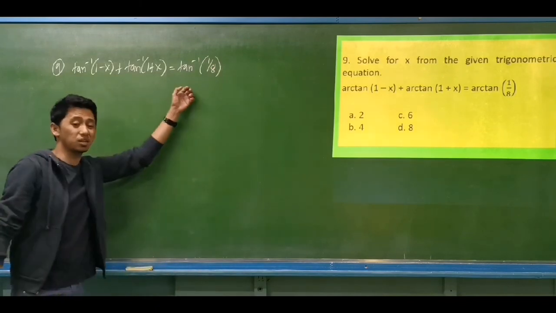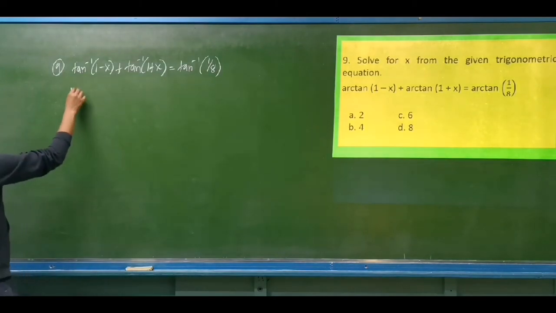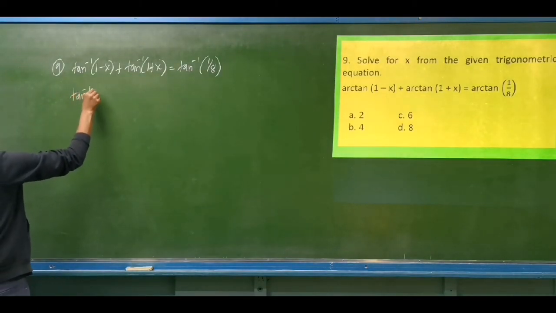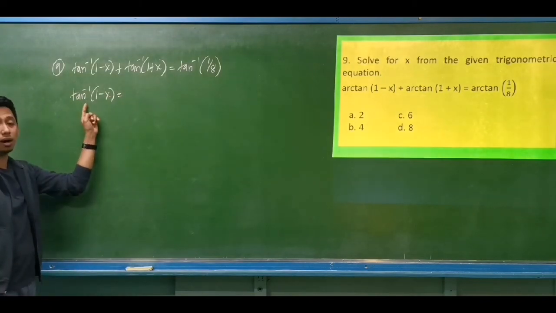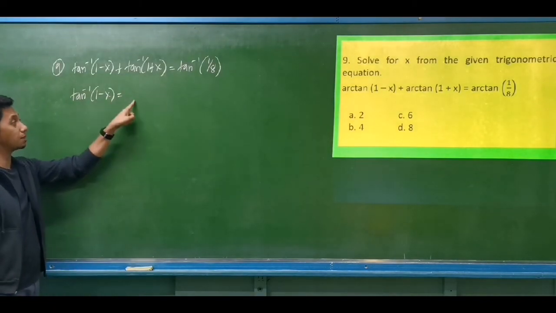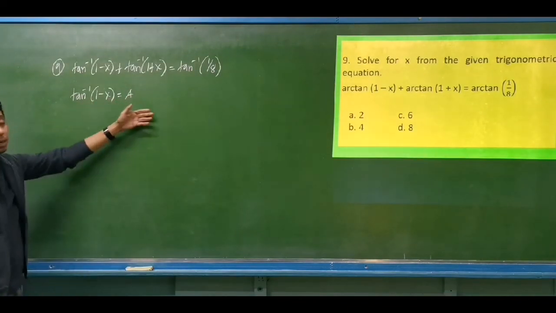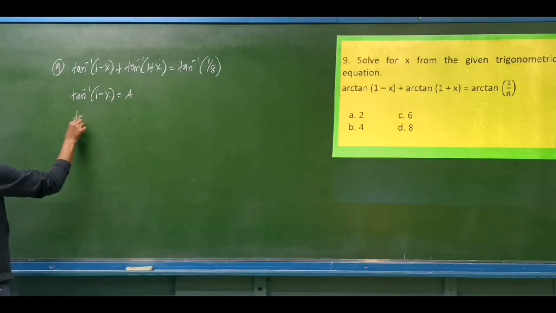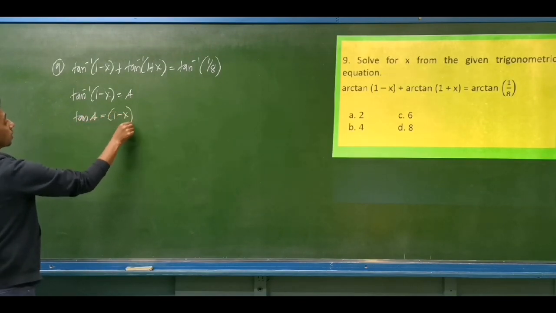Here we will use some of the angle identities. Let's take the first, shift tangent of 1 minus x. When we use arctan or shift tangent, the result is an angle. So let's say this is angle A. How do we return it to normal form? The tangent of A is equal to 1 minus x.